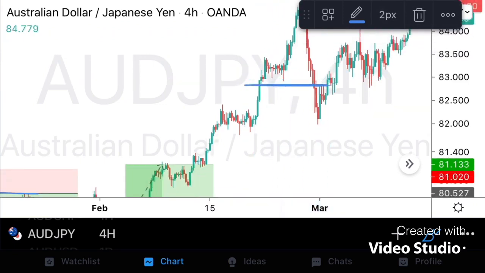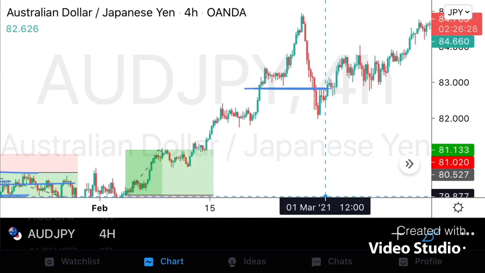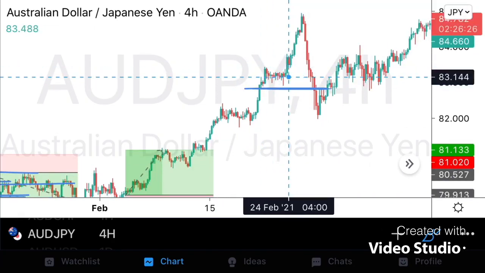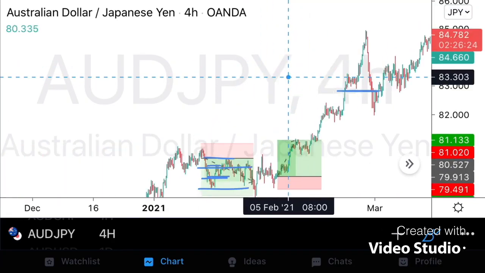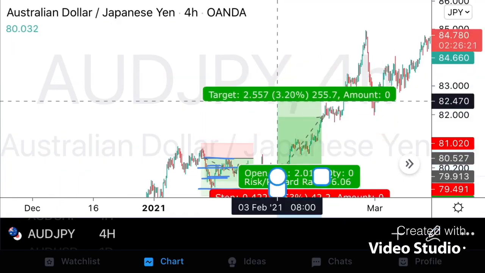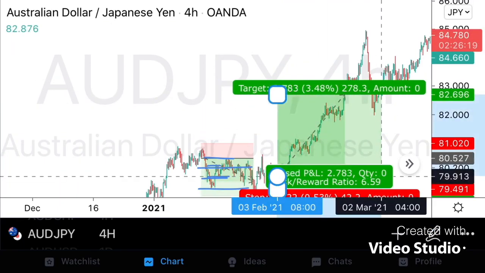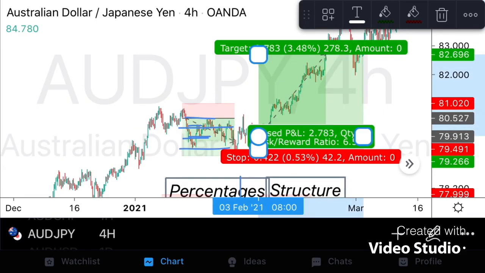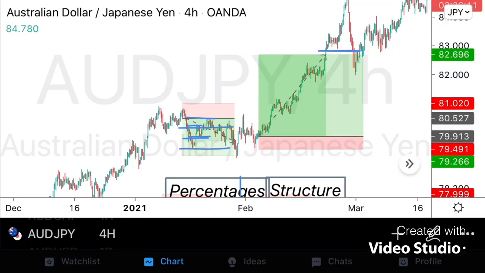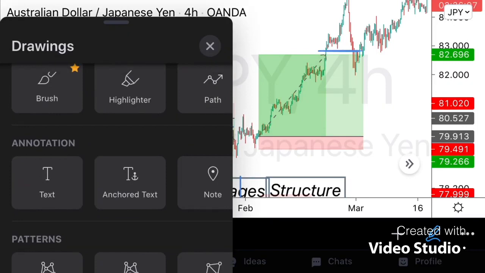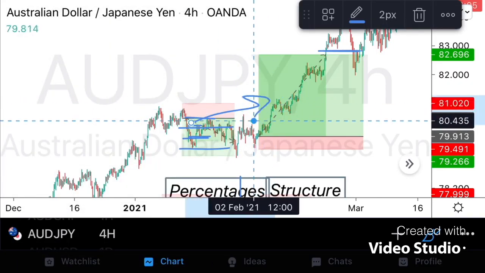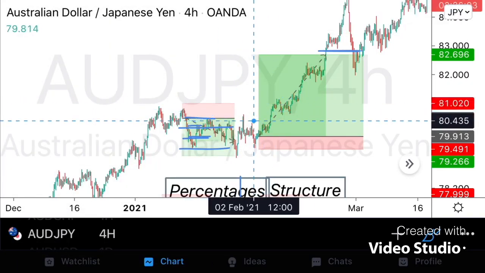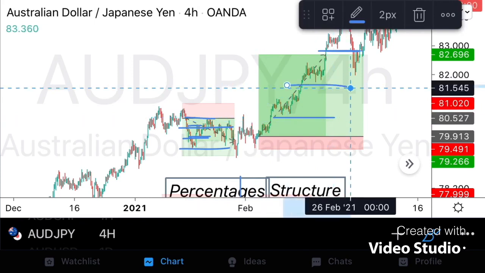You can see that within this market, we'll have been stopped out at the low of this structure here. But if we look at how much we were able to capitalize on this position by locking in profits, we managed to get a trade that gives us 6% on our return on investment. So when markets are trending, it makes a lot more sense to trail and to manage our position using levels of structure.